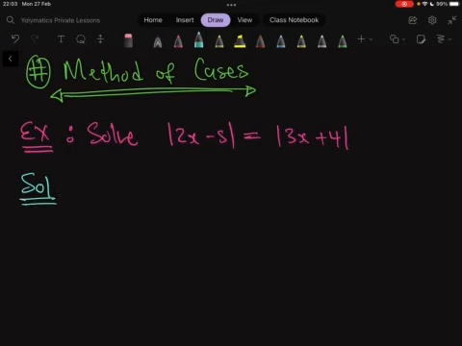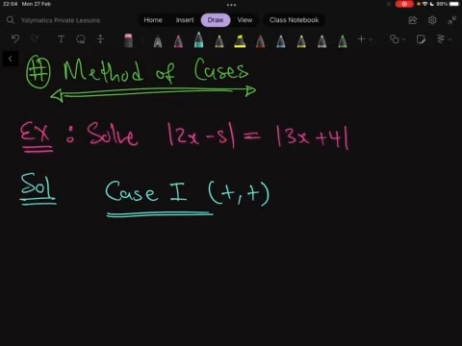The first thing is we look at case 1. The first case, which I always refer to as the positive case, is a case whereby you take both these absolute functions to be positive.